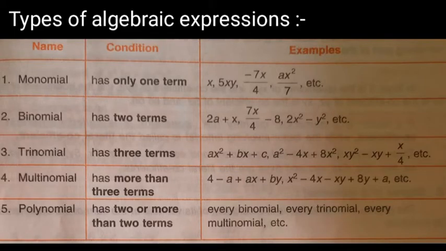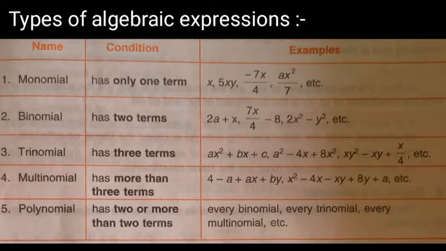In the first expression, ax square is one term, the second term is bx, and the third term is c. All the examples have three terms, so we call such an expression a trinomial.